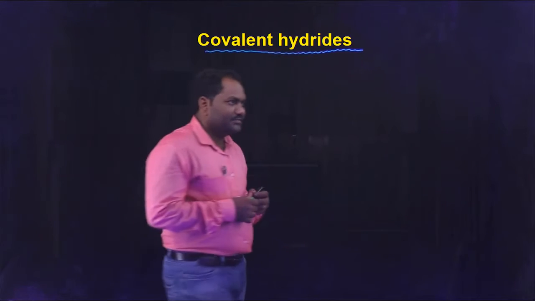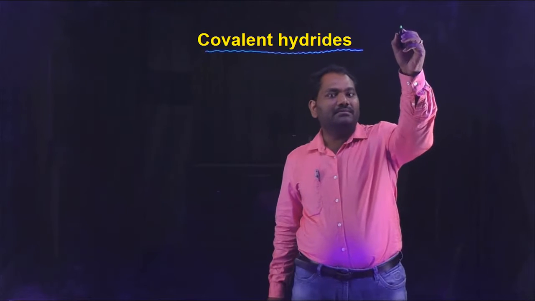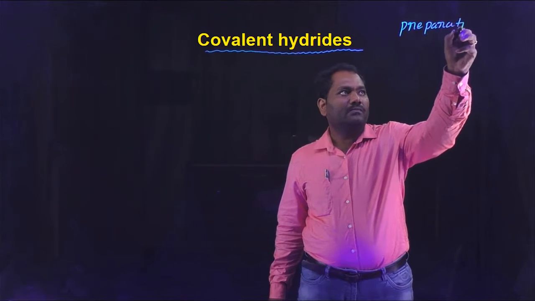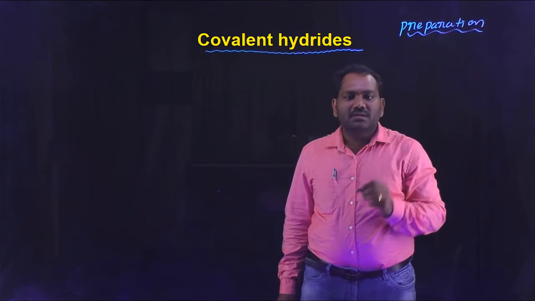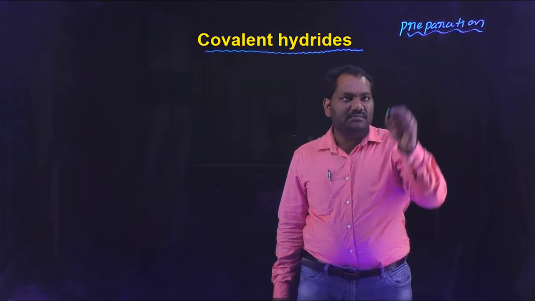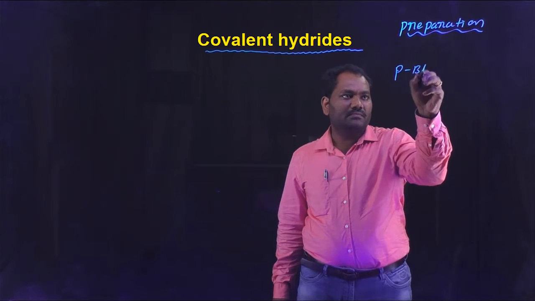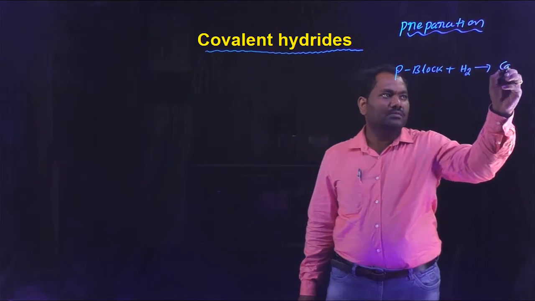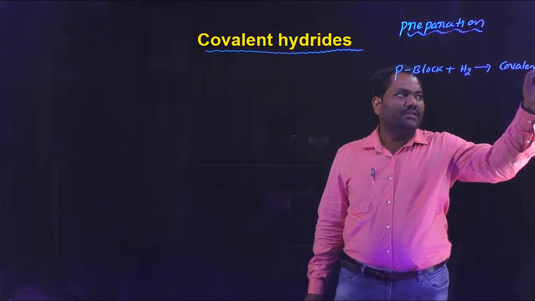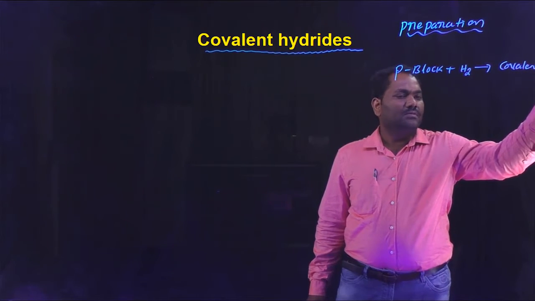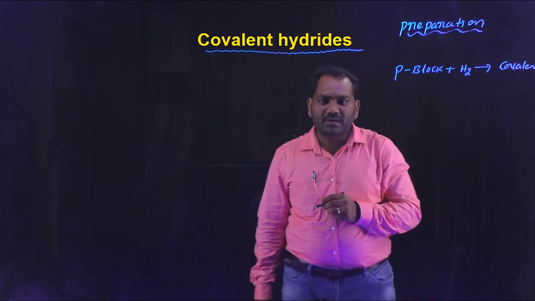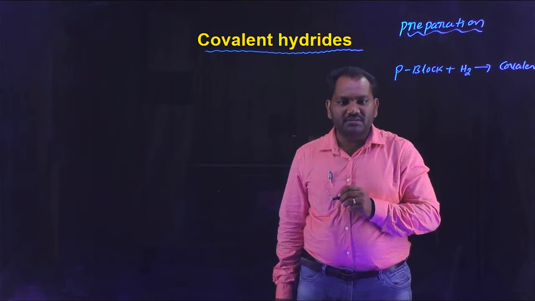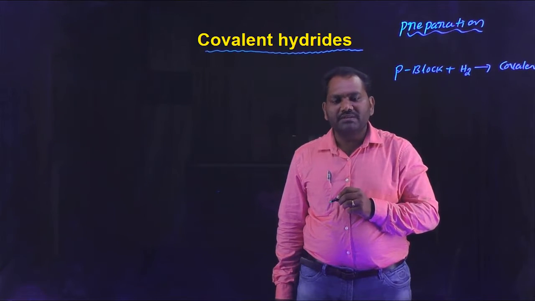In the preparation method, these covalent hydrides are obtained simply when the elements of p block react with hydrogen to give covalent hydrides.